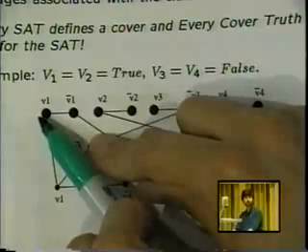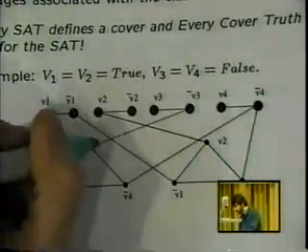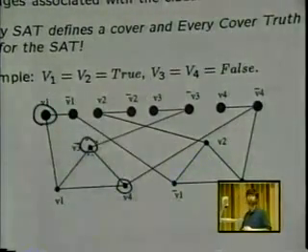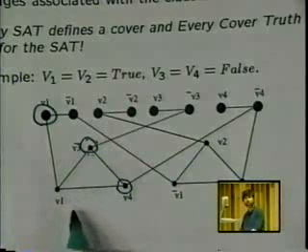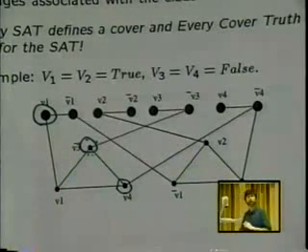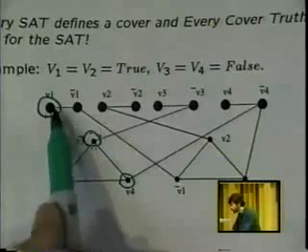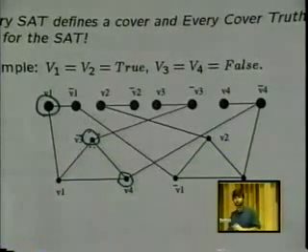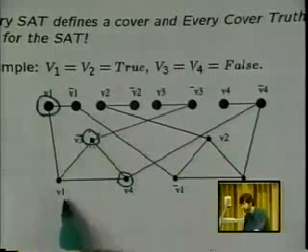Correct? If we picked this vertex and this vertex in our cover, my claim is we have covered all the edges associated with this clause, even though we only have two vertices down here. So what does that mean, if you think about it? We're really saying if we set V1 to be true, this clause is satisfied.